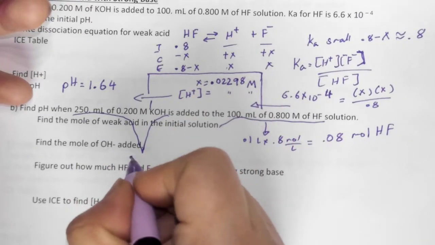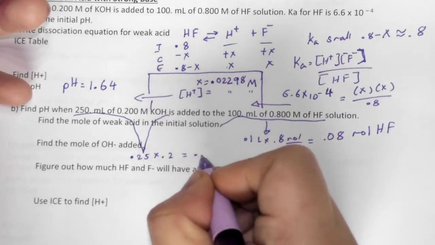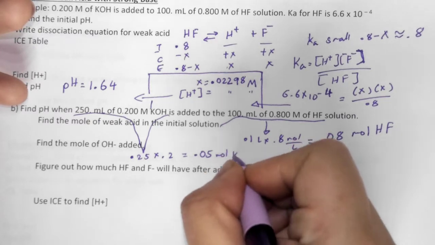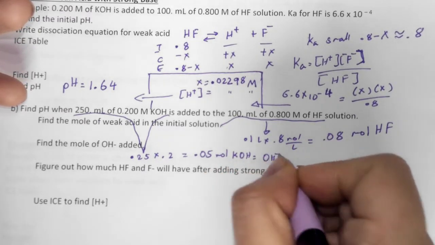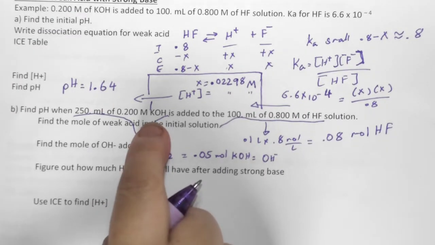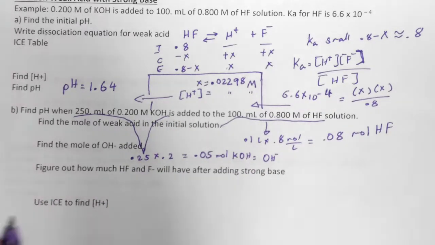Right here, 0.25 times 0.2, so that would be 0.05. That's the mole of KOH, which is equal to OH minus. Again, if you have SrOH2, then that would be times 2. But in this case, it's just KOH, so 1 to 1.